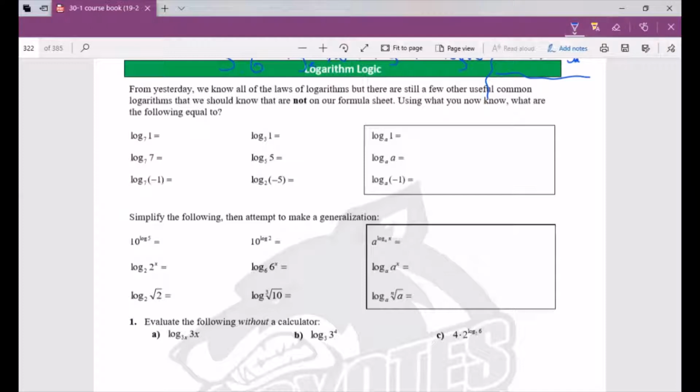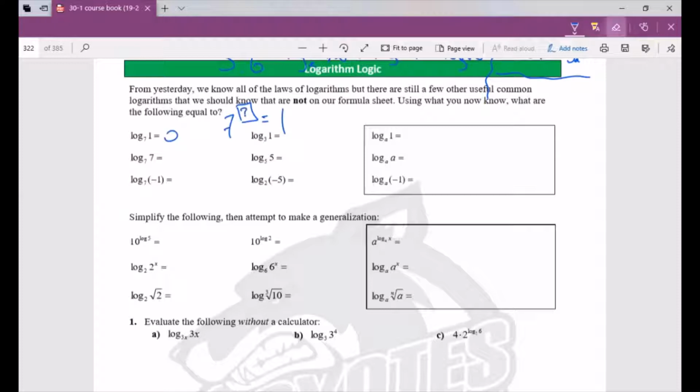The logarithm of 1 base 7. Remember that what a logarithm is, it's answering the question, 7 to what power is equal to 1? This question, log of 1 base 7, is the same as 7 to the what is equal to 1. And that, of course, is 0.